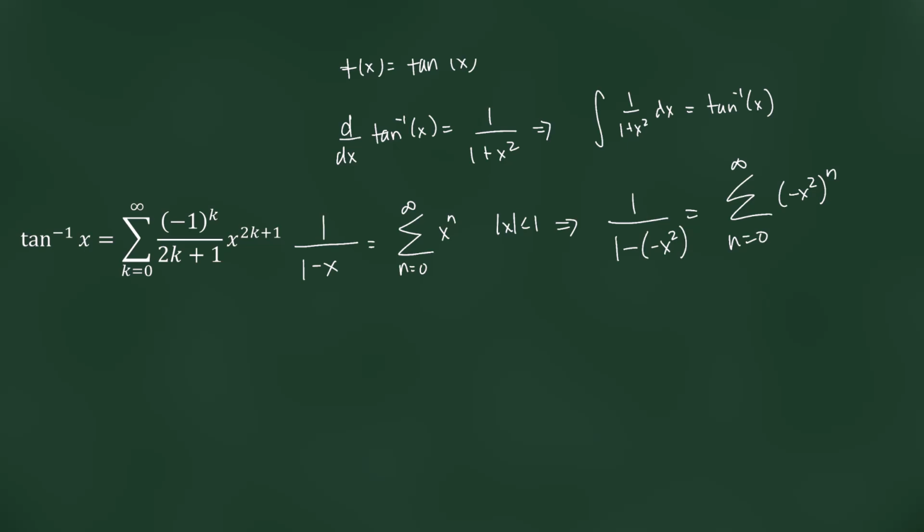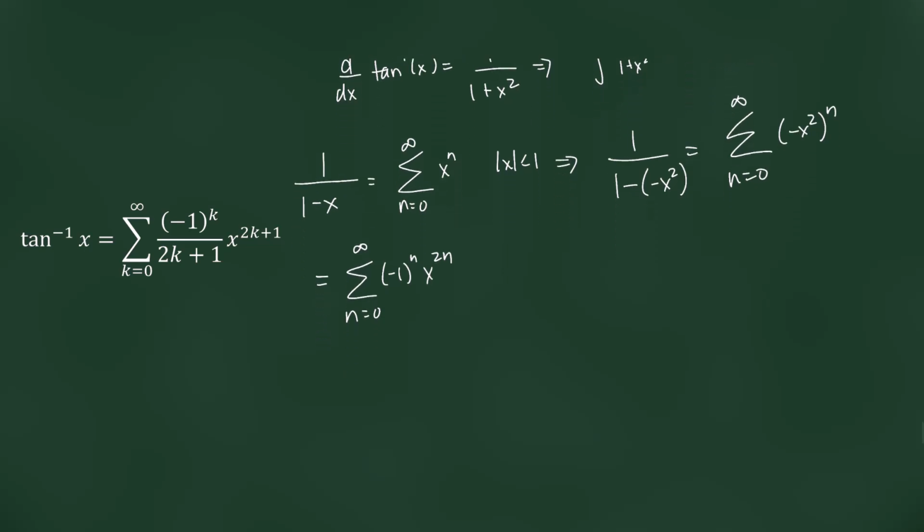Well, that is going to equal the sum from n equals 0 to infinity of (-1)^n x^(2n).